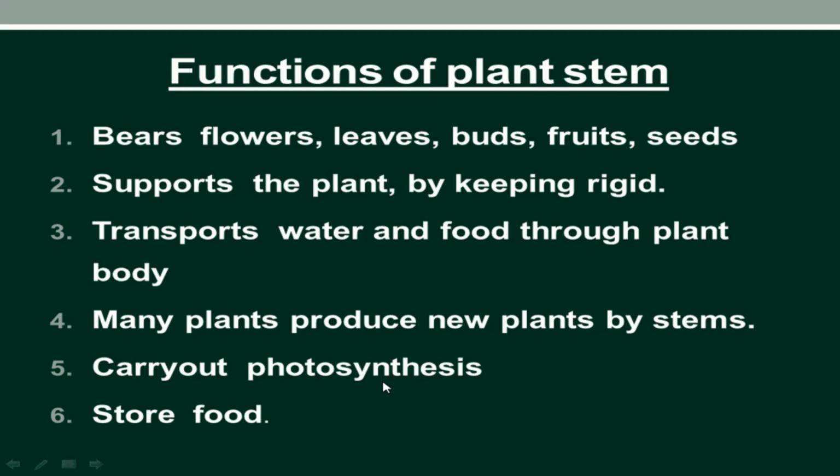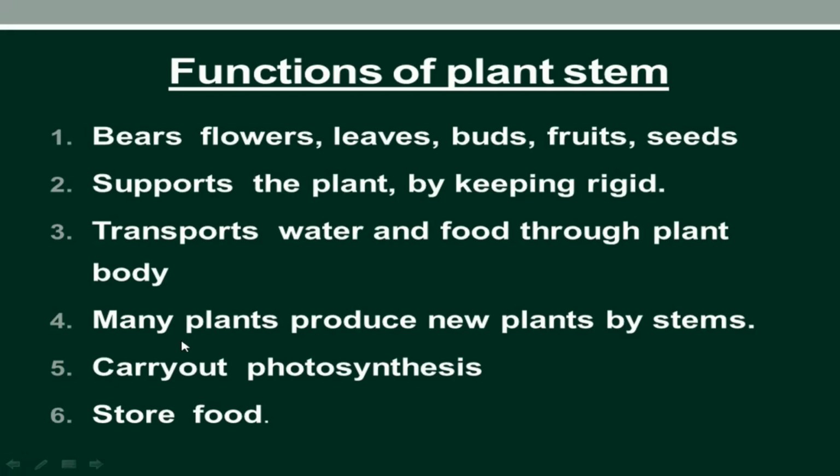Under the functions of the plant stem, we have learned different functions. The first is bearing flowers, leaves, buds, fruits, and seeds. The second is supporting the plant by keeping it rigid. The third is transporting water and food through the plant.